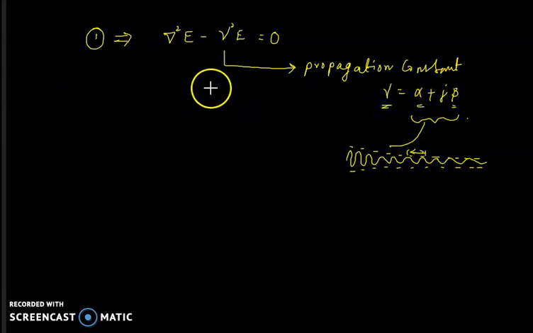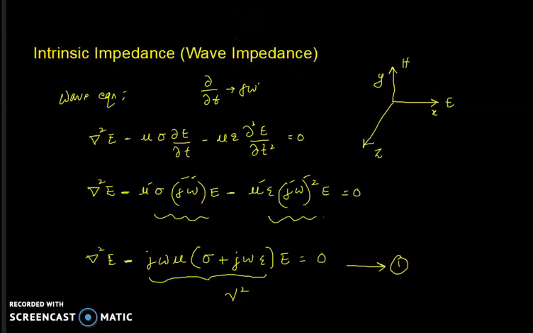By looking at this function, we can see that this is E, and we know that E is varying along the x-axis, and the wave is propagating along the z-axis.